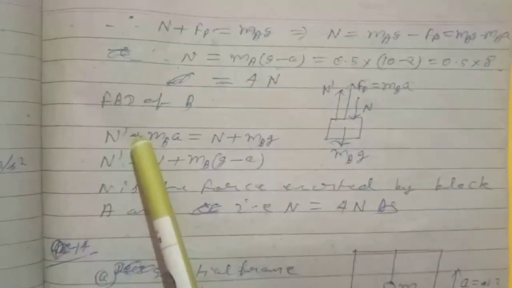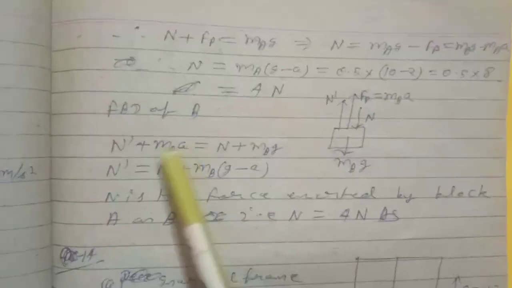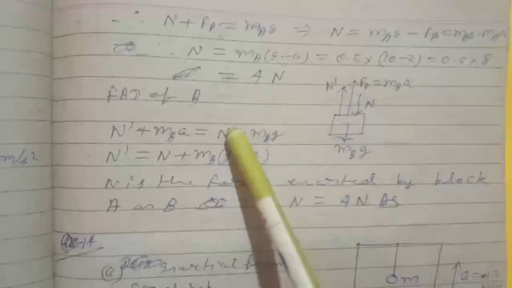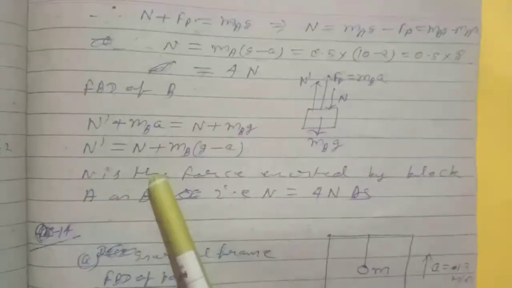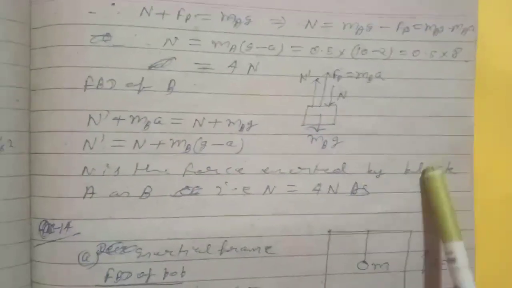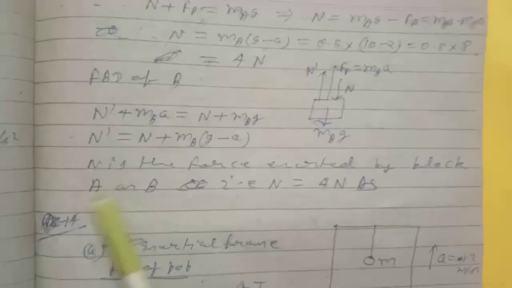Now again this block is at rest, so we can write N dash plus mB into a, that is the pseudo force, equals weight plus N, that is mB into g plus N. So N dash equals N plus mB into (g minus a). Now N is the force exerted by block A on B, that is N equal to 4 Newton itself.